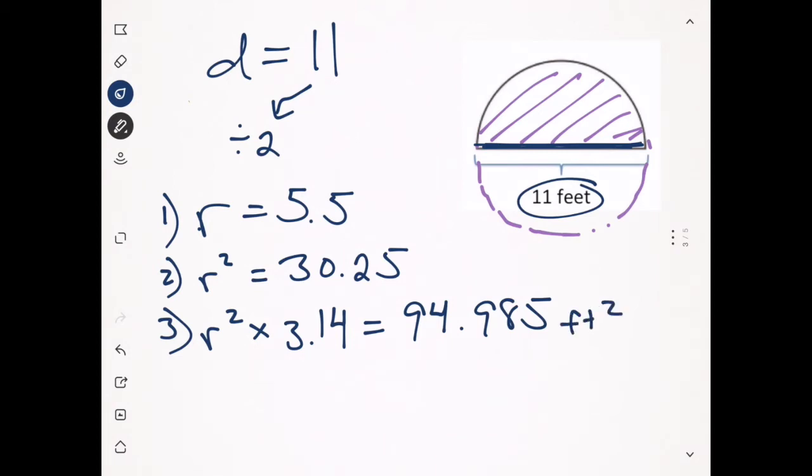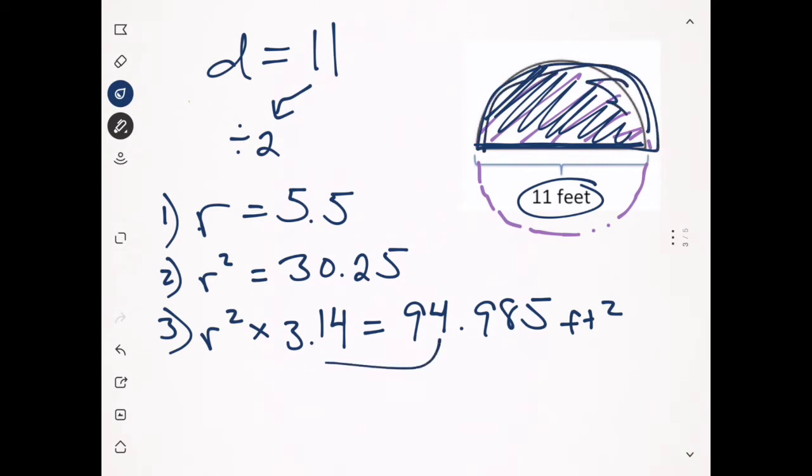But that's not our answer because that would be the full circle. We only want the semicircle. This area here. We don't want the whole circle. So we need to take this answer and divide it by 2. Punch that into your calculator and we get 47 and 4925 feet squared.